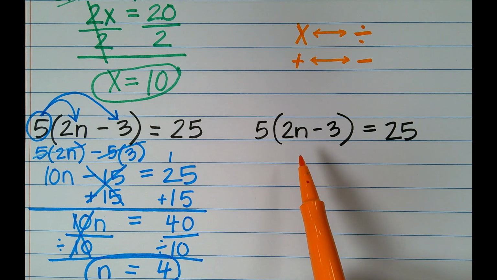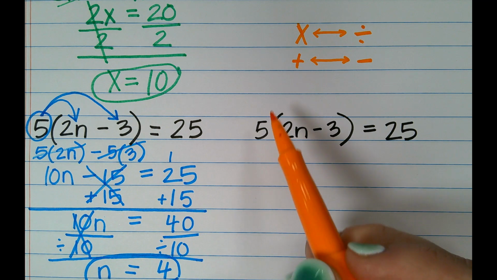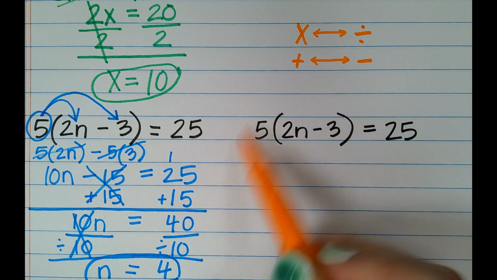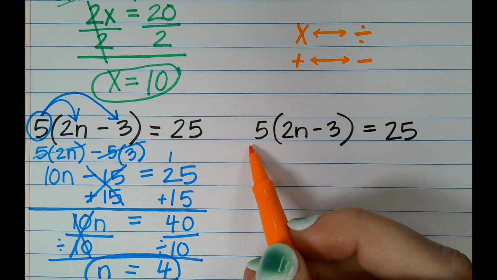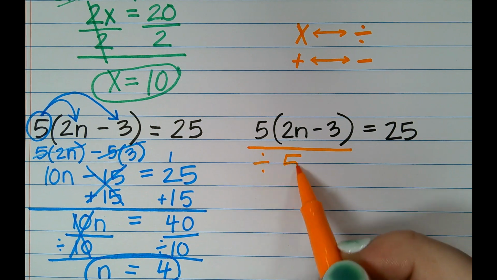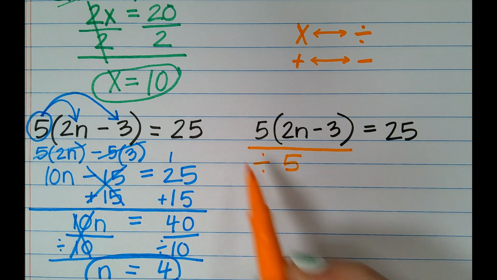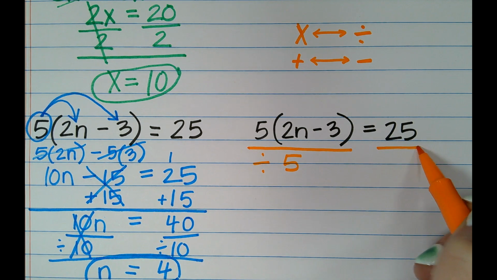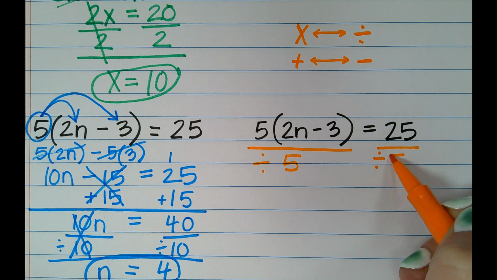What's the opposite of multiplication? Dividing. What if instead of starting with the distribution and the multiplication, we just divide everything by 5? I'm going to divide this side by 5. Where else would I do it? The other side, on the 25, I'll divide by 5.